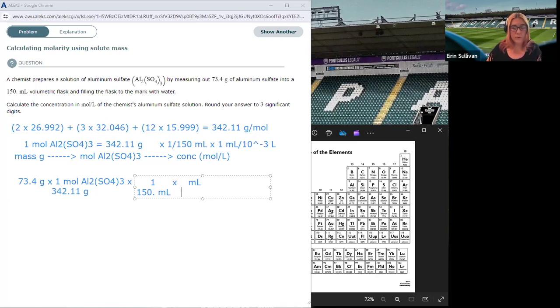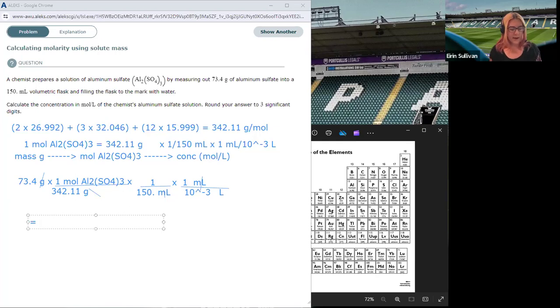In chemistry, we use moles per liter. So I've got to convert milliliters into liters using my standard SI unit prefixes. I know that 1 milliliter is 10 to the minus 3 liters. Verify that everything is cancelling out as we would expect. Grams cancels out, milliliters cancels out, I get units of moles per liter, which is the same as molarity.